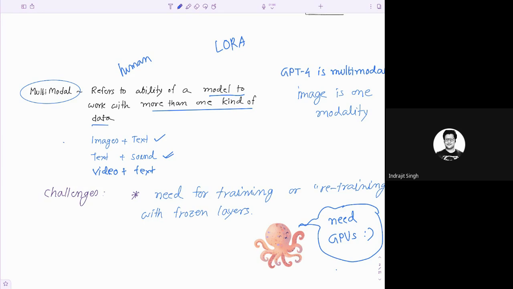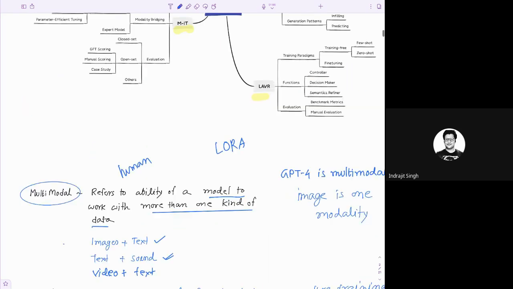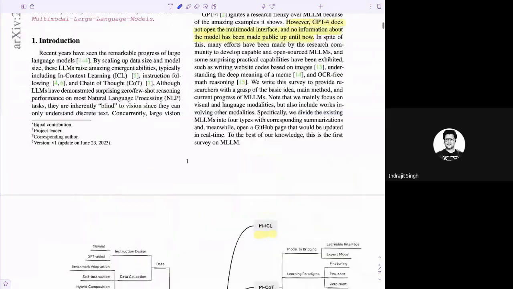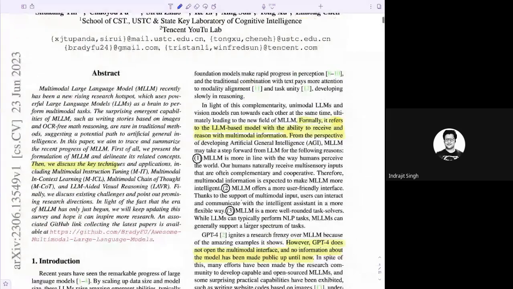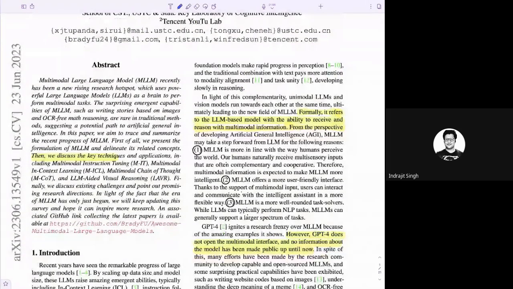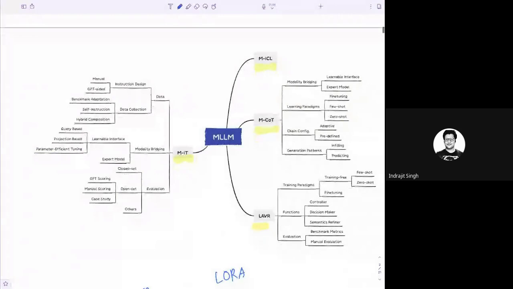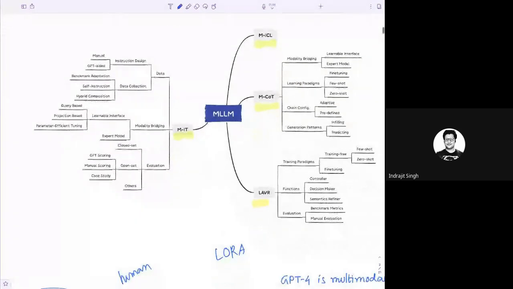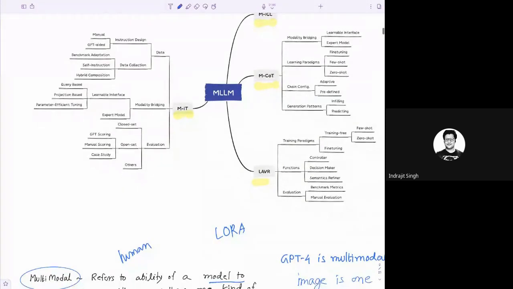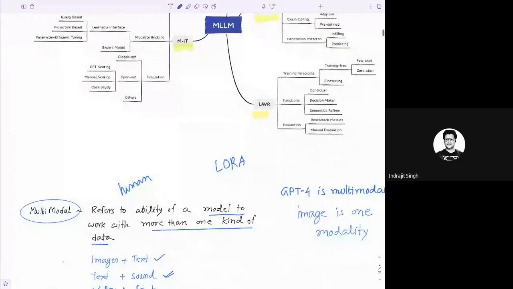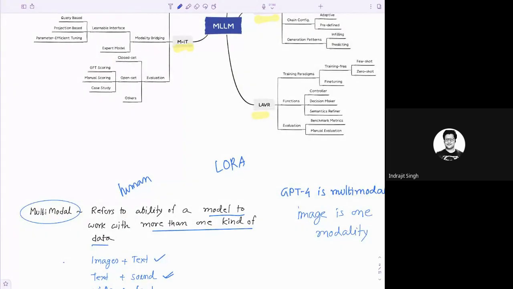This other paper, which is a summary, is saying we are not sure how much multimodal GPT-4 has implemented. If news is there, then definitely they might have implemented it, but what level and what kind of data they have used, they do not publish that information.